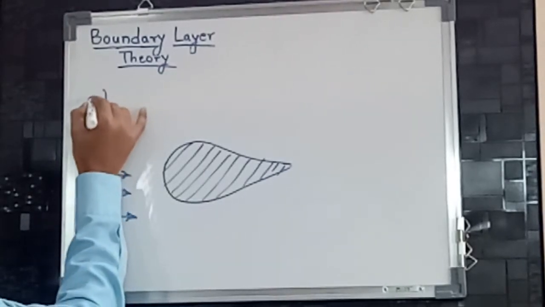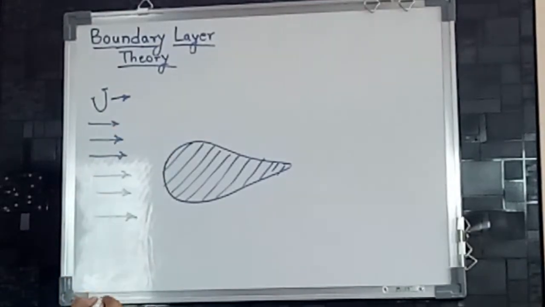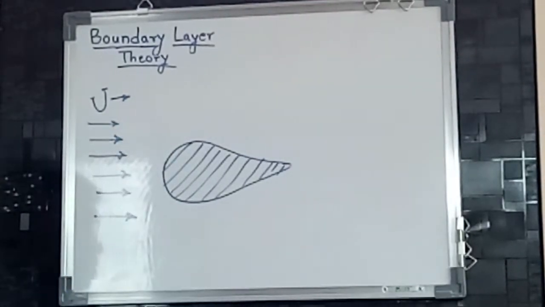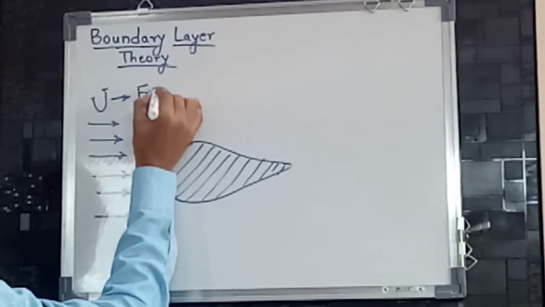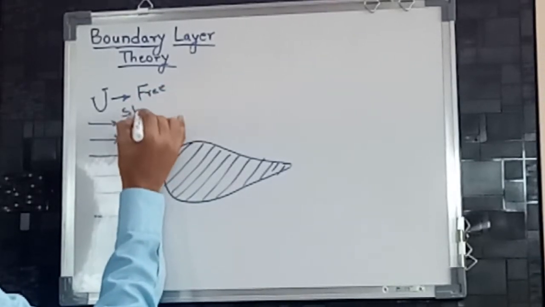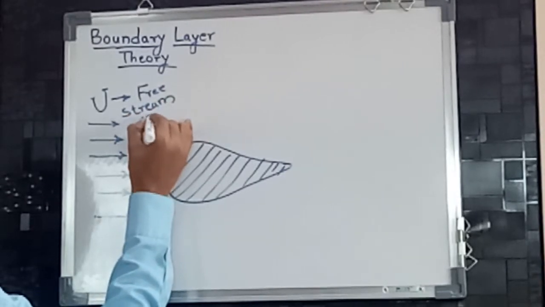Here, capital U. This capital U represents the free stream velocity.